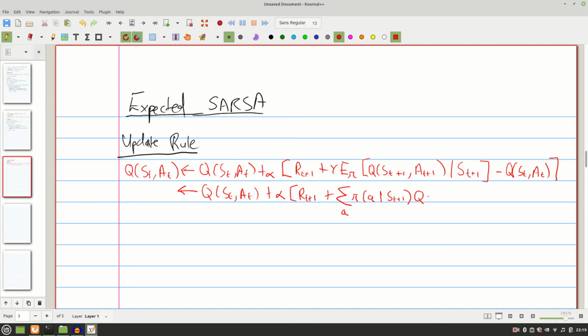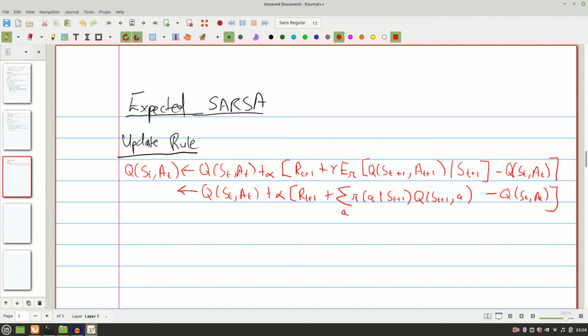Whatever that probability is, it is multiplied by the corresponding Q value for the state-action pair (s_{t+1}, a), minus again Q(s_t, a_t)]. So the difference between this and Q-learning is that instead of taking the maximum of all Q values, you have probabilities associated with each action, and then you compute the expected Q value. This is the expectation operation happening here.